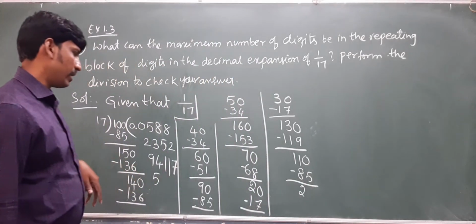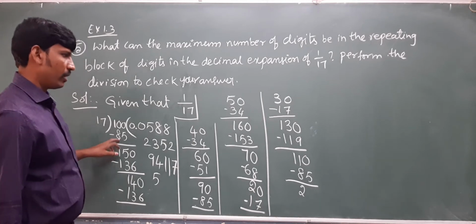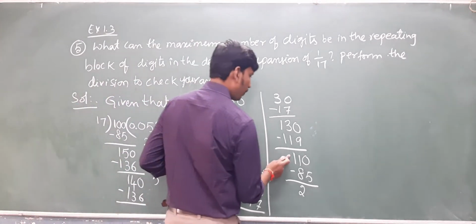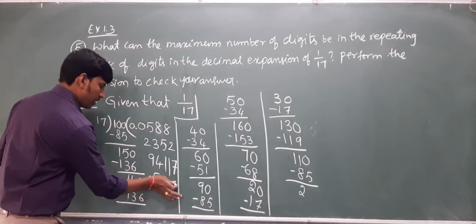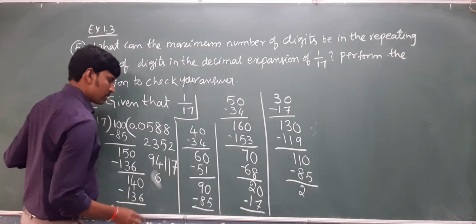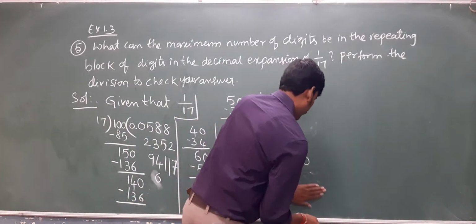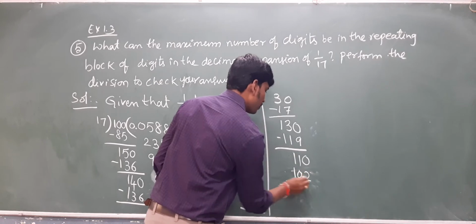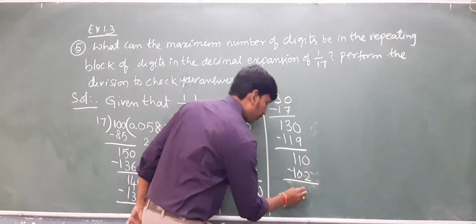Hey, 110 minus 85 is 25. One second. So now 17 6s are, sorry, 17 6s are 102. Sorry my dears. 17 6s are 102. When you subtract 110 minus 102, you get 8.